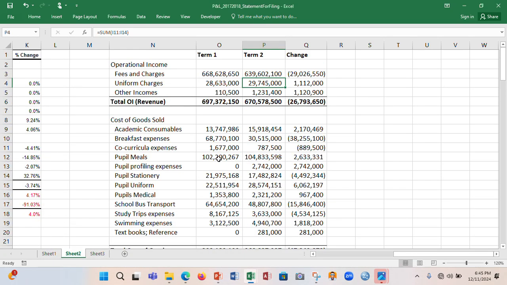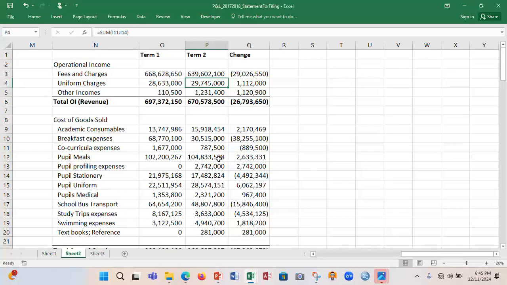Now, the book of accounts I'm showing you here is called a profit or loss account. Others call it an income statement.